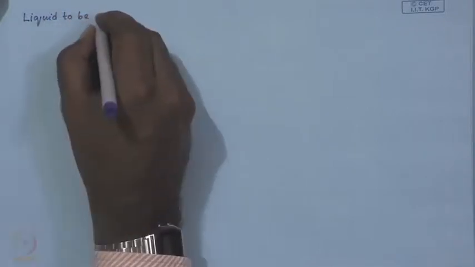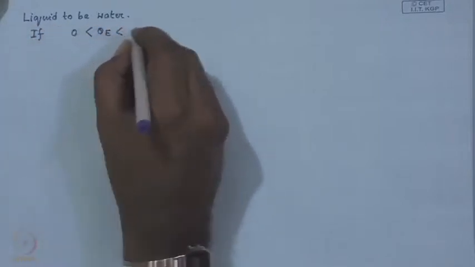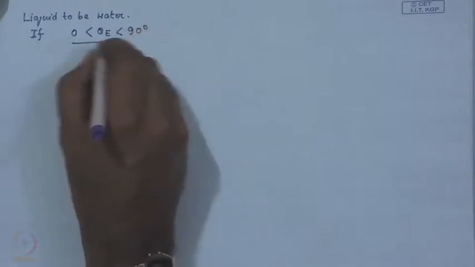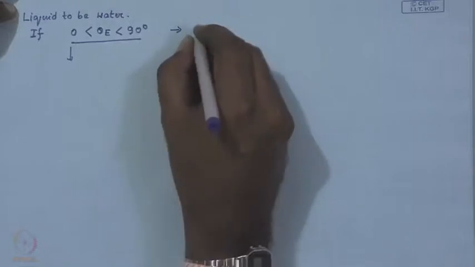So, the general idea is that for the liquid to be water, if theta e lies in this range, that is, it covers both these two classes. This is completely wetted as well as this configuration, the surface is regarded as a hydrophilic surface.